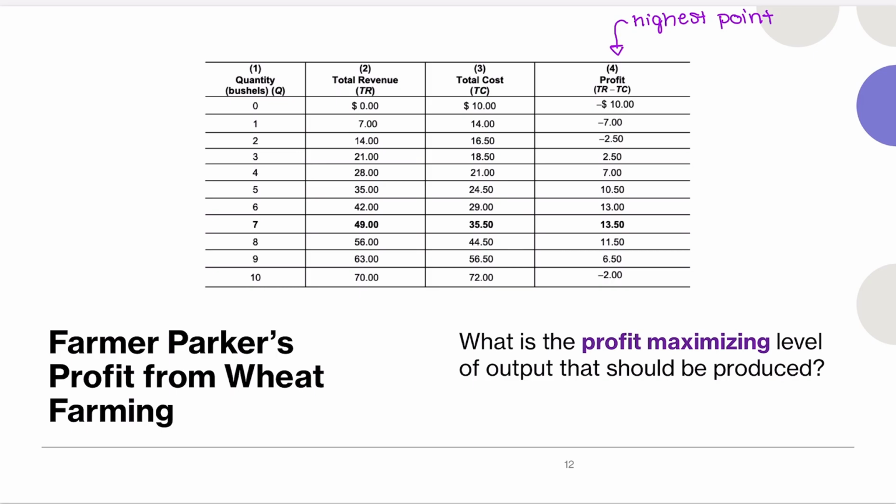And looking at this, we see that it's right here, telling us that Farmer Parker should produce 7 units of output, or 7 bushels of peaches.